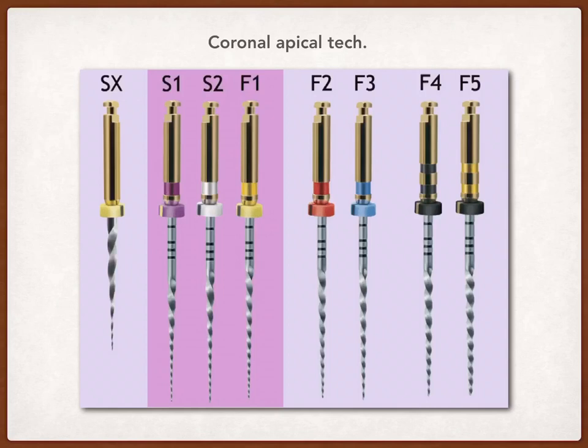But it has been seen that the S1, S2 and F1 files are not enough, so they have added the F2, F3, F4 and F5 files for the bigger canals. So you should use the SX, S1, S2 and F1 files, and if the canal is not cleaned properly, you may shift to use the F2, F3, F4 and F5 files.